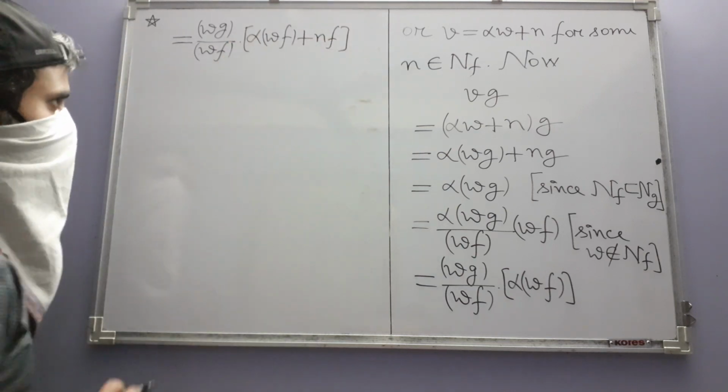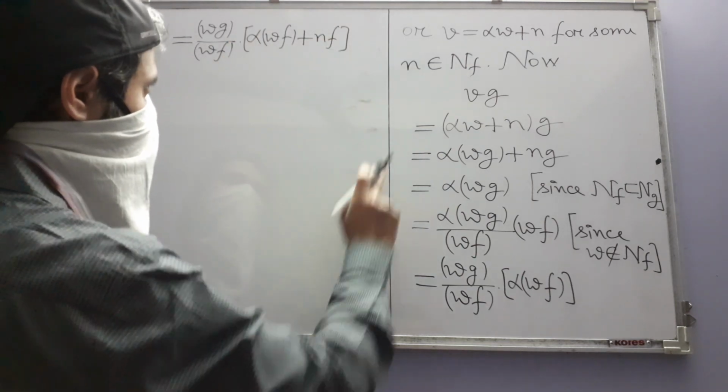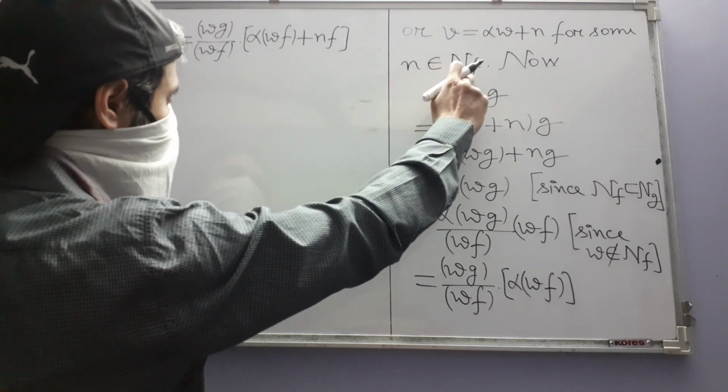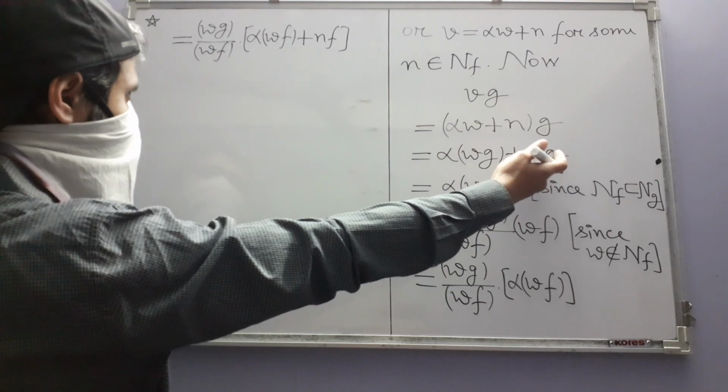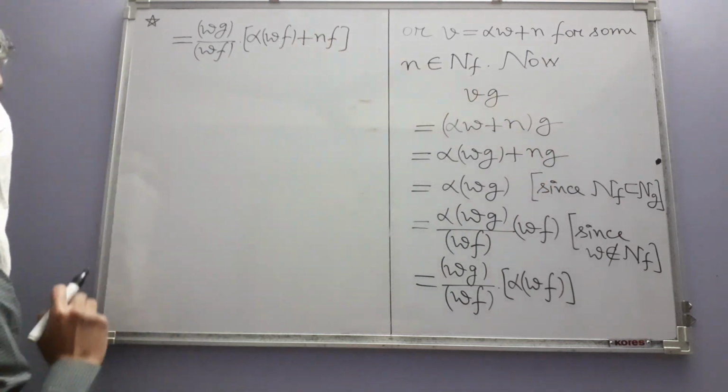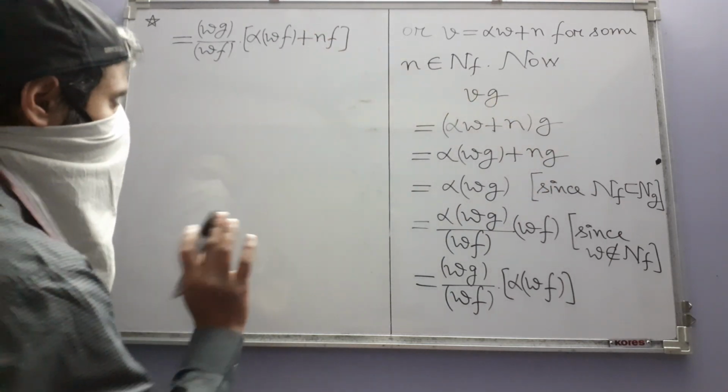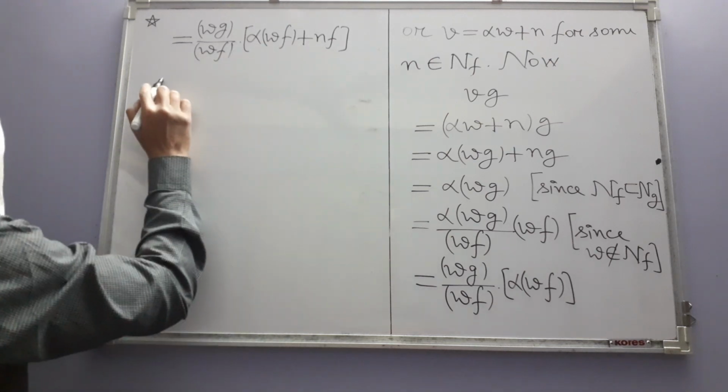Okay, is it okay? Yes, because n actually originally comes from N_f, so just like n vanishes under g, n is going to vanish under f, so that means n_f is the zero scalar, so we get this.